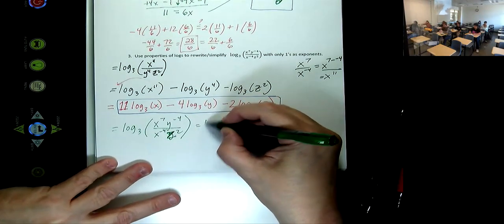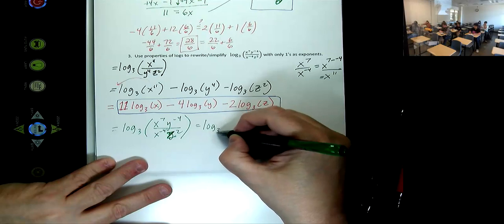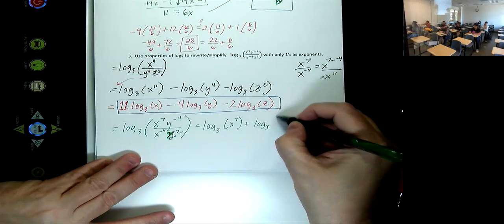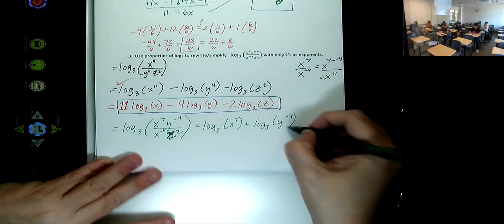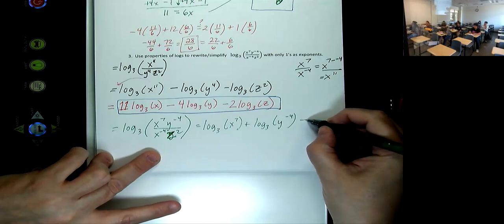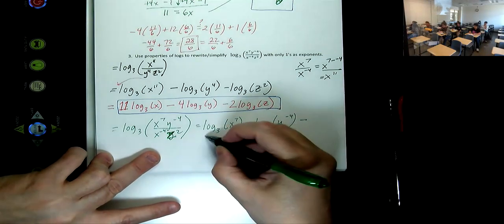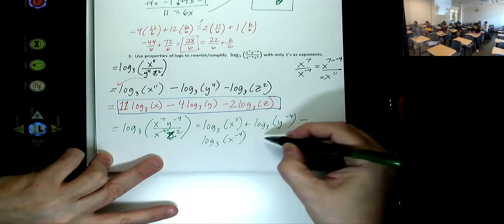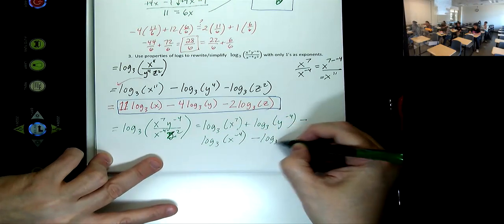Things that are on top that are multiplied together can go in their own parentheses with a plus between them. And then things that are at the bottom get subtracted: minus log 3 of x to the negative 4, minus log 3 of z squared.